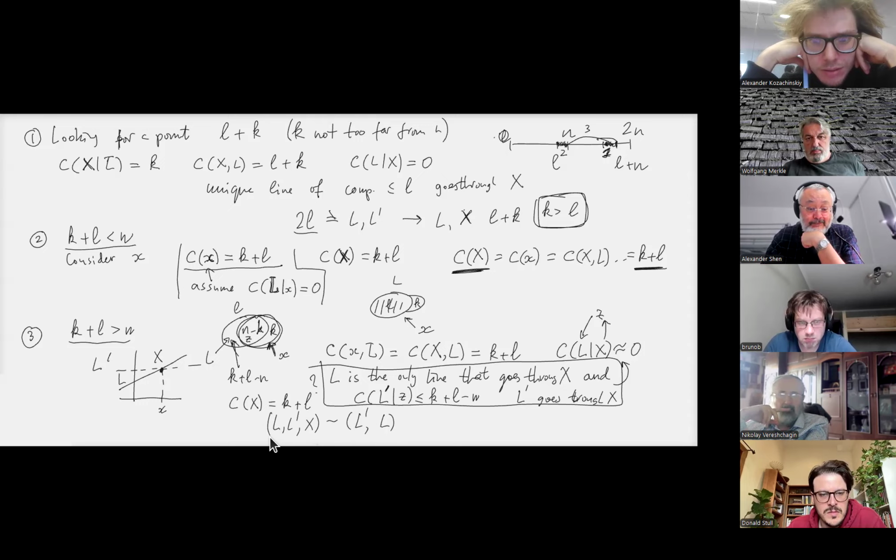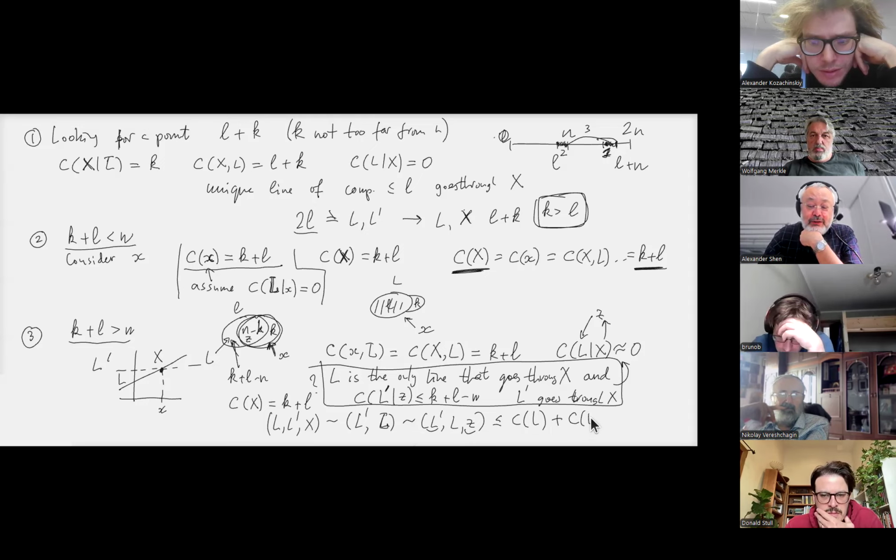And if we know L, how complicated is L prime? If we know L, we also know Z, because Z is a part of L. So we can add here Z. And L prime is simple given Z, so it's smaller than the complexity of L plus the complexity of L prime given Z.